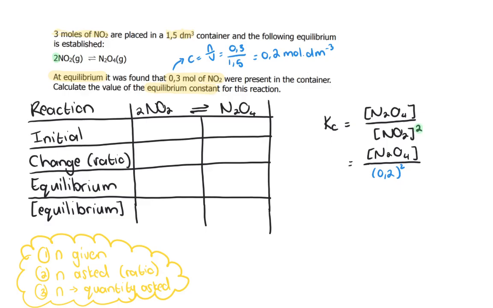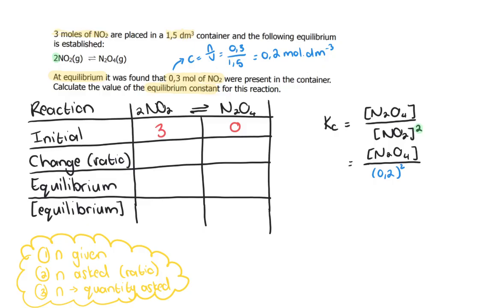So what I have is the moles at the start, so I can put that into my table. I have the moles of my NO2, and unless stated otherwise, I don't have any moles of my product at the beginning yet.